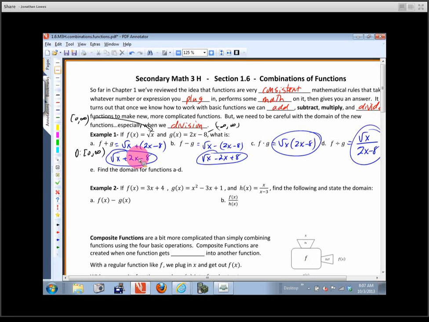That make sense? Okay. What about this one right here? Same thing. The domain on this one's going to be from 0 to infinity. What about this one? Cameron? Same thing. From 0 to infinity. And then let's look at this last one.